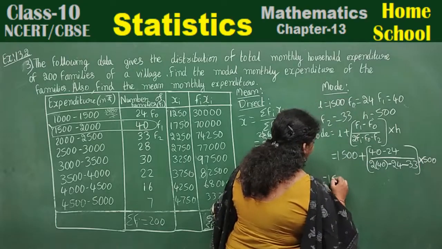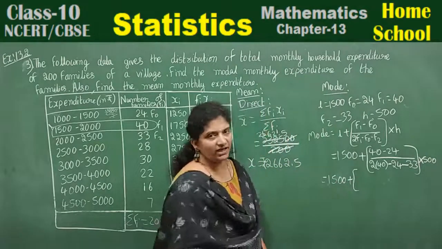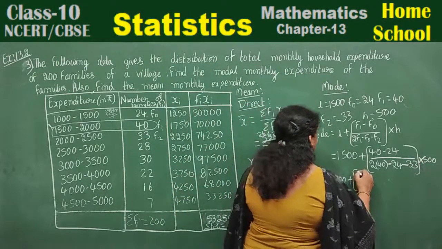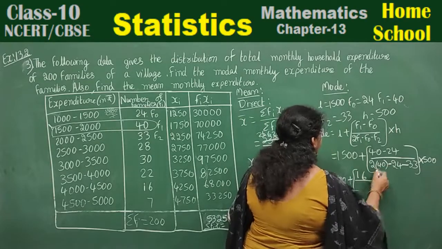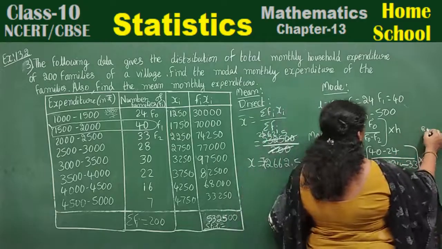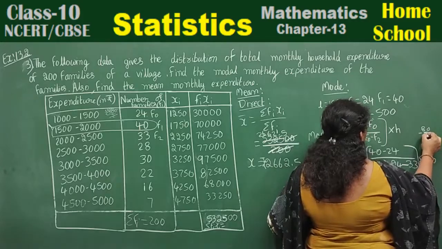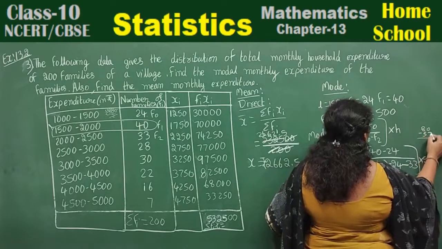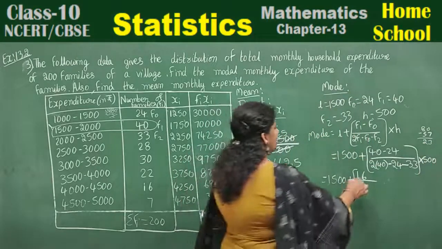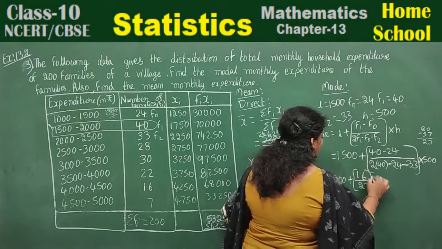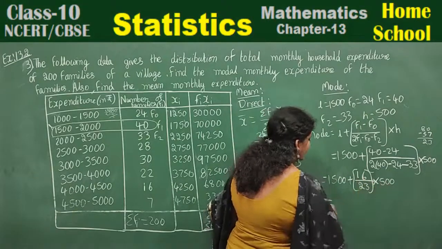That is equal to 1500 plus 40 minus 24, it will be 16, by 2 times 40 is 80. 80 minus 24 and 33. Add this: 4 plus 3 is 7, 3 plus 2 is 5, so 57. 80 minus 57 will be 23 is your answer there. Denominator 23 into 500. 16 times 500, you multiply.